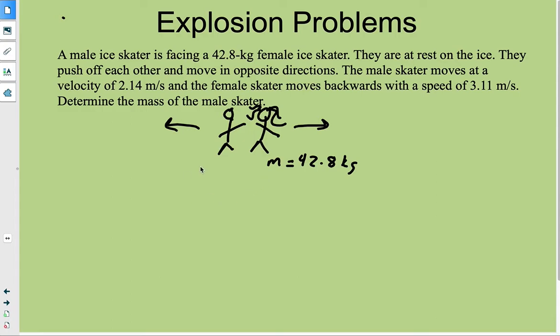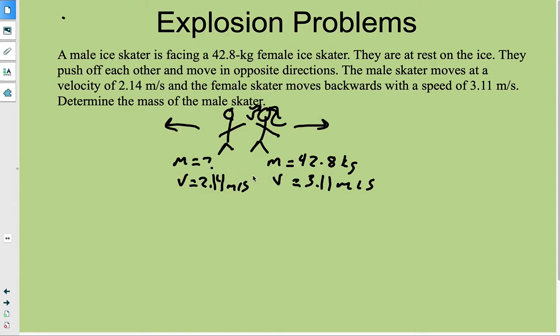It says that the male skater moves at a velocity of 2.14 meters per second, and the female skater moves at a velocity of 3.11 meters per second. Okay. I want to know what is the mass of the male skater.